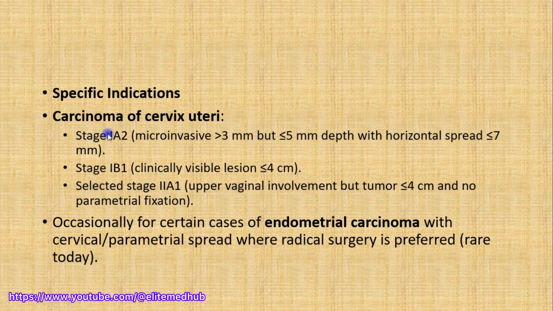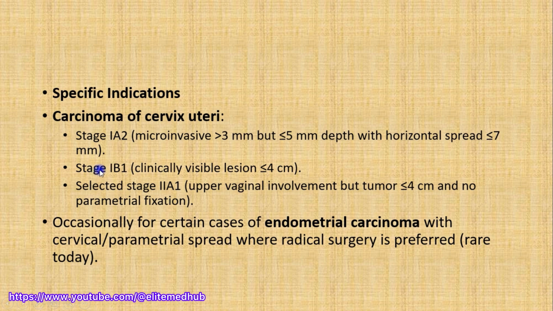So, V-time hysterectomy is indicated in carcinoma of cervix uteri involving stage 1A2, which is microinvasive, greater than 3 mm but less than or equal to 5 mm depth with horizontal spread less than or equal to 7 mm. So here in stage 1A2, you have a microscopic lesion that is greater than 3 mm but less than or equal to 5 mm in depth with horizontal spread of less than or equal to 7 mm.